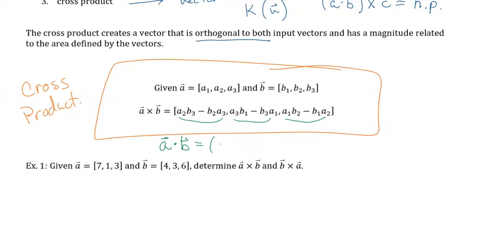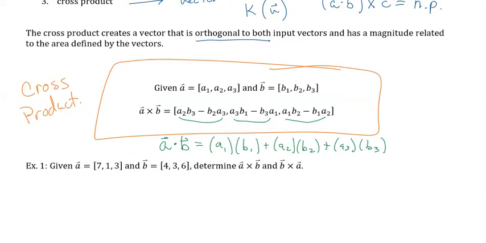So if I did the dot product, it would be a1, b1 plus a2, b2 plus a3, b3. That's the dot product.